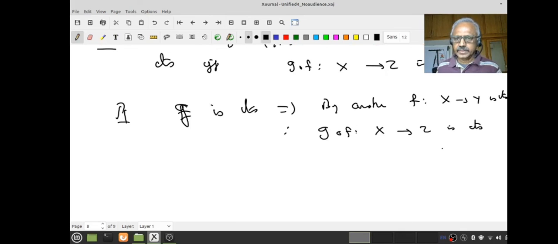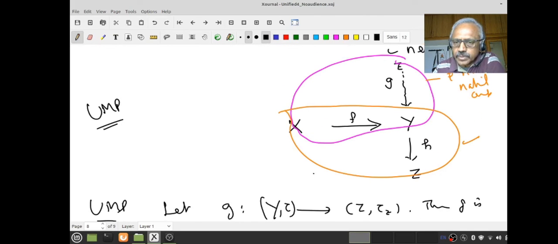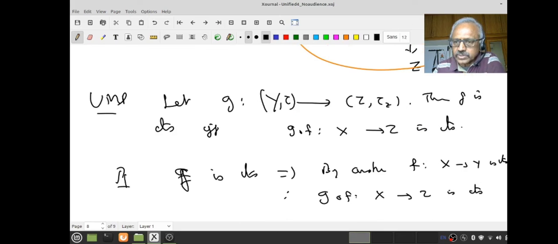Are you all right? So I have to prove the converse. Assume that G composite F from X to Z is continuous.